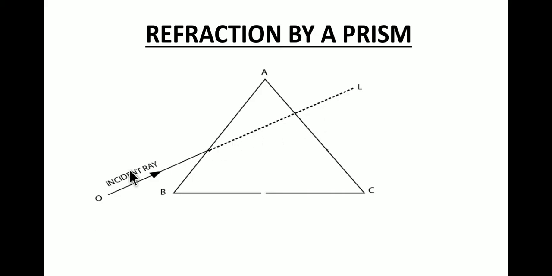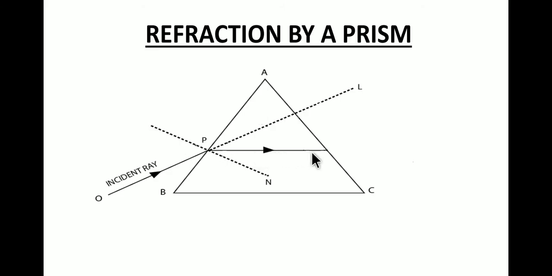So the incident ray, when it is incident at the surface AB, since the light is traveling from air to glass, that is from rarer to denser medium, will bend towards the normal. So the incident ray is bent and it moves inside the glass towards the normal.